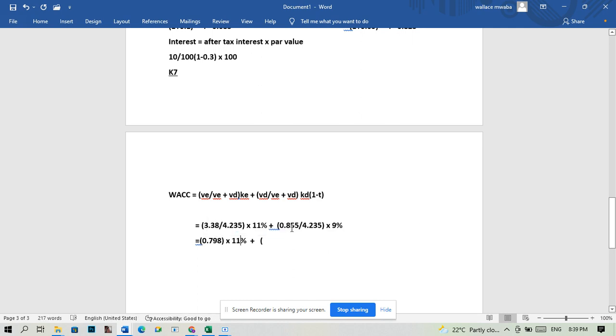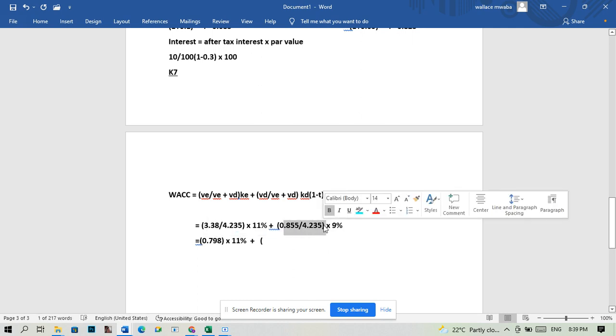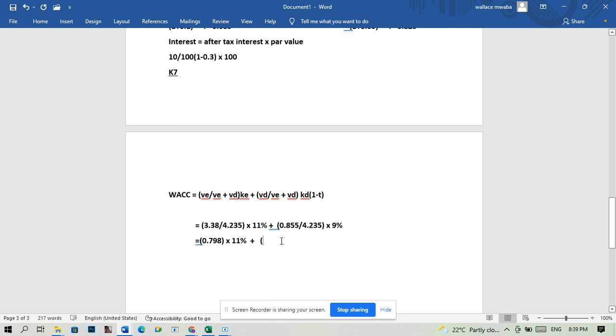Yes, it's correct. Okay. So now divide 0.855 by 4.235. 0.202. Okay, times 9%. All right.